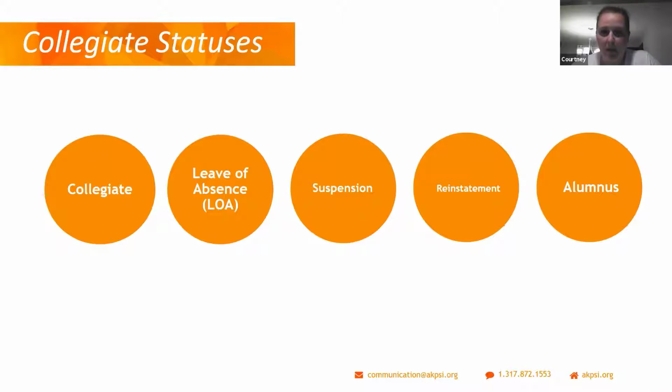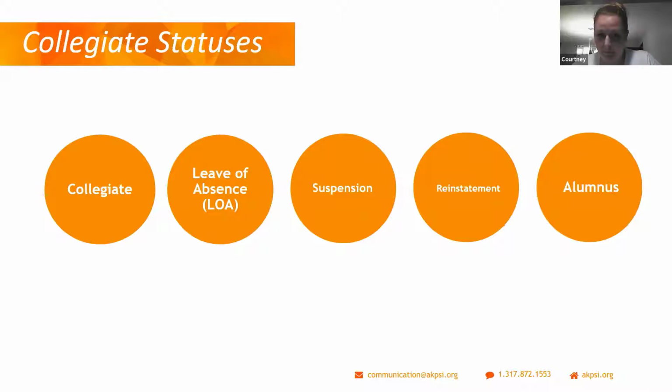I know a lot of chapters right now are going to have individuals that are leaving campus and are coming back, but potentially could come back in the future. Those individuals are going to be put into alumnus status. And if they do eventually come back, that's when you email your CERC.